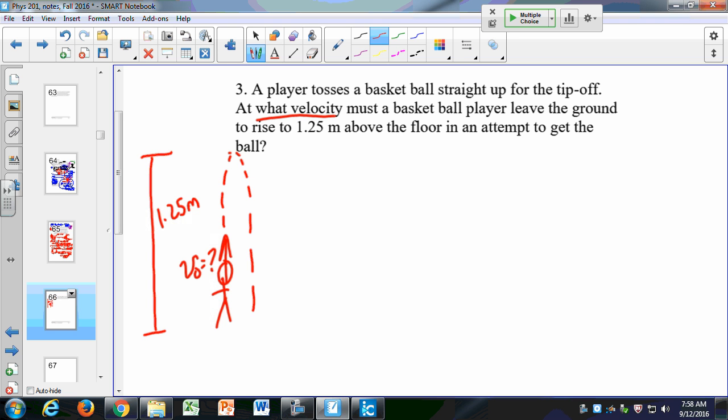I know a few things about this. I know the acceleration. What's the acceleration? Negative 10 meters per second squared. It's a free fall problem. It's vertical direction. So if you're in the vertical direction, just assume that it's going to be negative 10. I know a couple of other things. I know that the velocity here is equal to what?